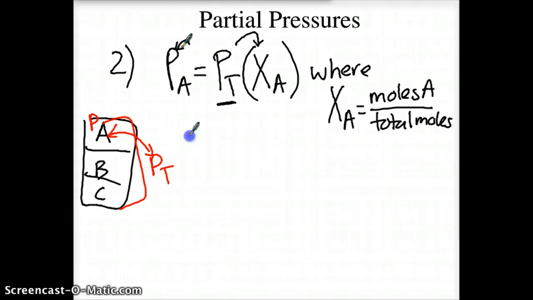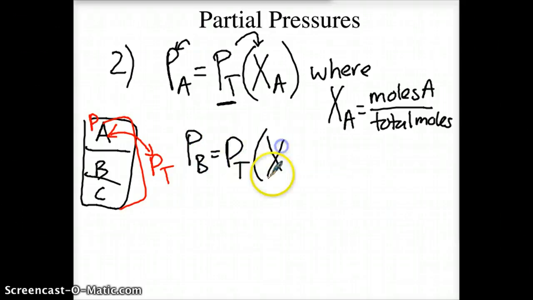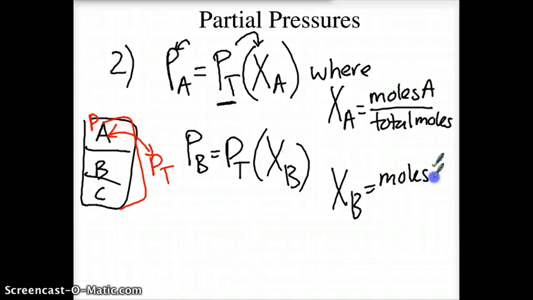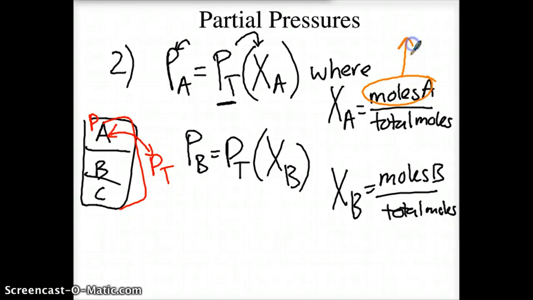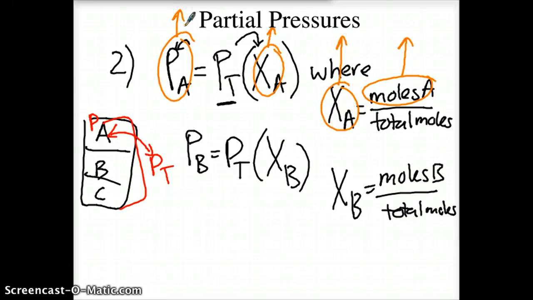Same thing for B, the partial pressure of gas B would be equal to the total pressure times the mole ratio of gas B, where XB is the moles of B over the total moles. So what we can see clearly is as this number of moles increases, this value of the mole ratio increases, so therefore the partial pressure of that gas is going to increase.